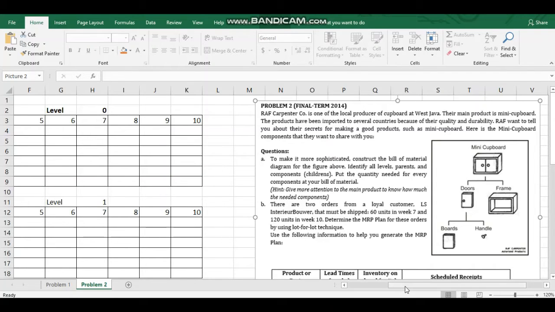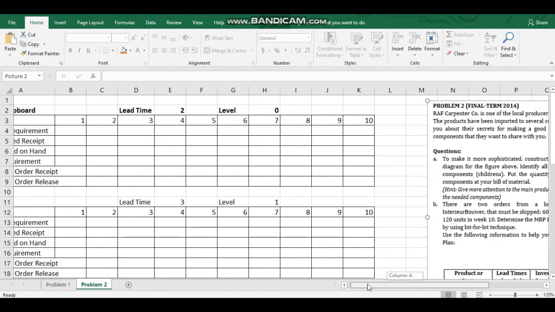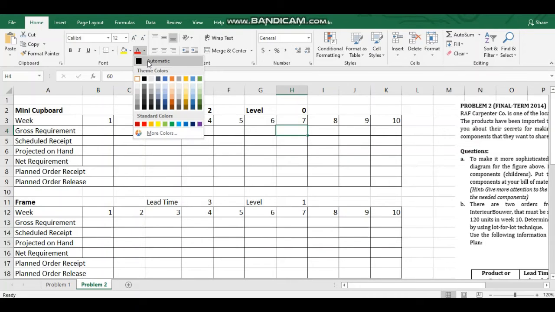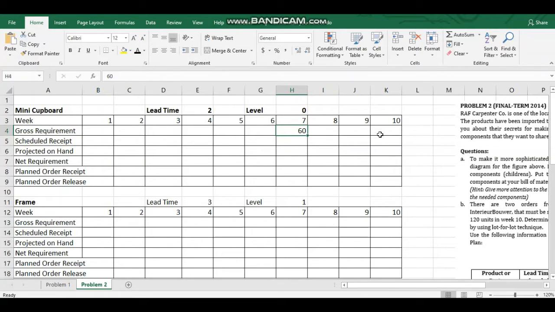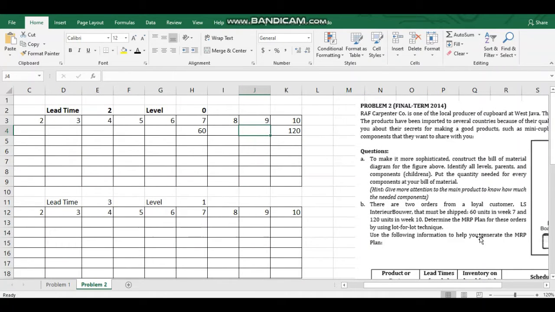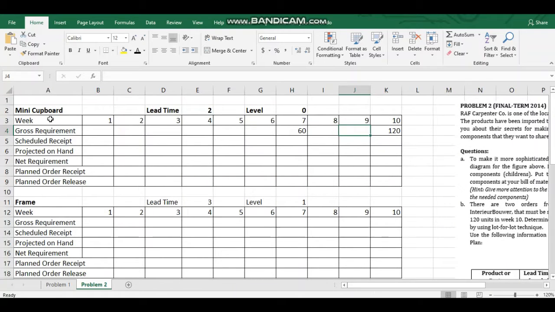So that is our gross requirement, 60 at week 7 and 120 at week 10. For weeks 1, 2, 3, 4, 5, 6, 8, and 9 there's no gross requirement, because the demand is only for weeks 7 and 10. And then next, there's no scheduled receipt for the mini cupboard.